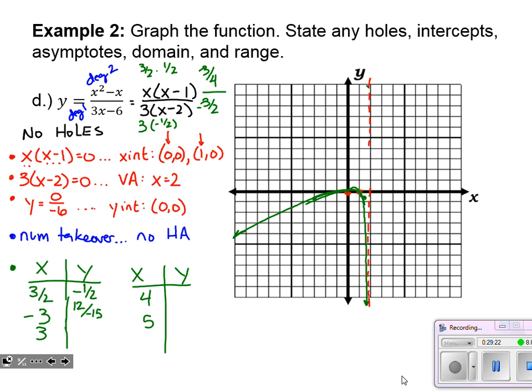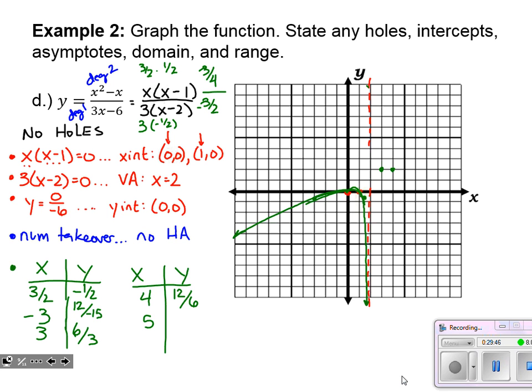At +3, 9 minus 3 is 6, over 9 minus 6 is 3, so I got the point (3, 2). Okay, if I look at 4, 16 minus 4 is 12, over 12 minus 6 is 6, and another height of 2. And that's not really surprising. We had that kind of symmetry with points close together on the left.